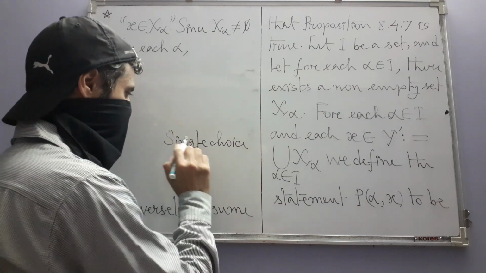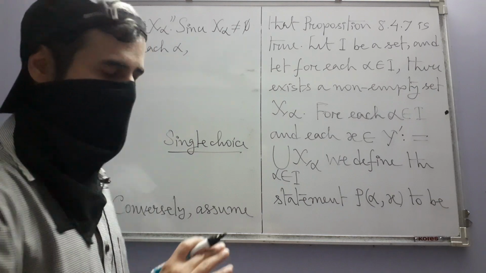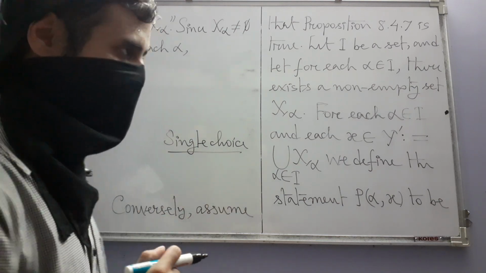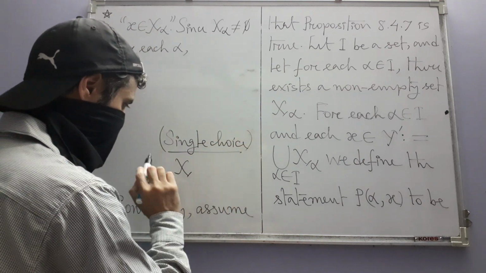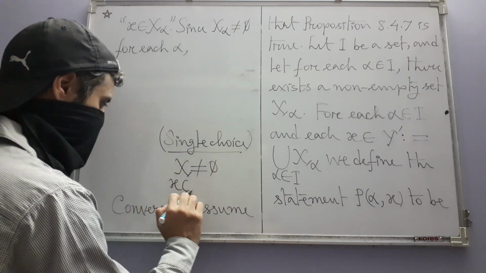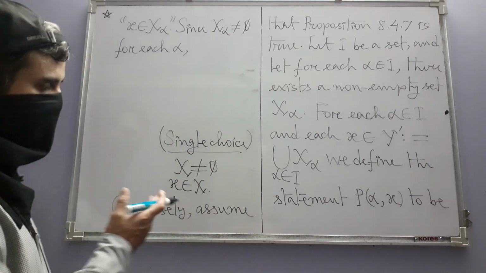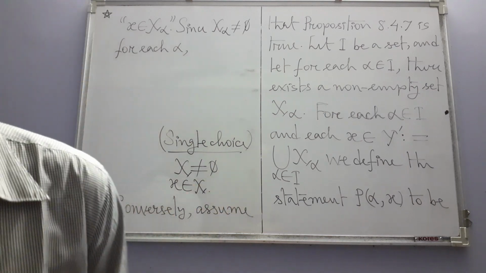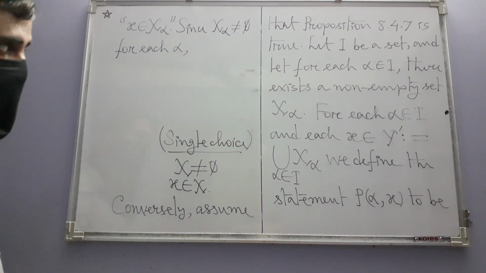It is actually something very obvious, but it was nevertheless proved at some point when we were studying set theory in detail in the third chapter. This result says that if you have a non-empty set X, then you can choose some element from X. That's just it. That is the content of this result, single choice. And the item number was, do I have it here? Yeah, lemma 316.